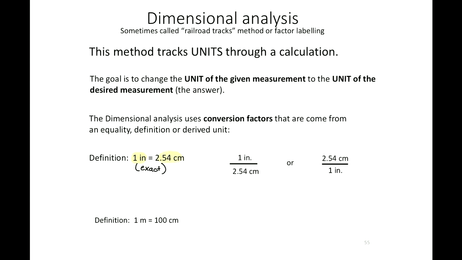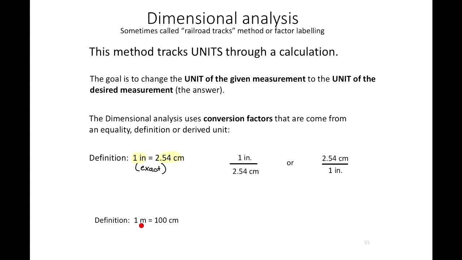Depending on what our calculation is, sometimes inches will be on the top and centimeters on the bottom, or inches will be on the bottom and centimeters on the top. Do note that the 2.54 always goes with the centimeters. So it's one side of the equal sign over the other side, whichever way you want to do it.